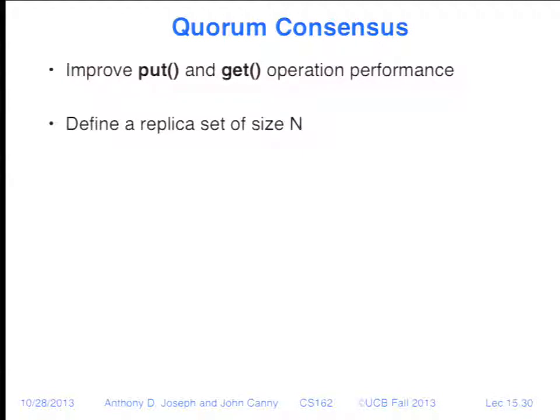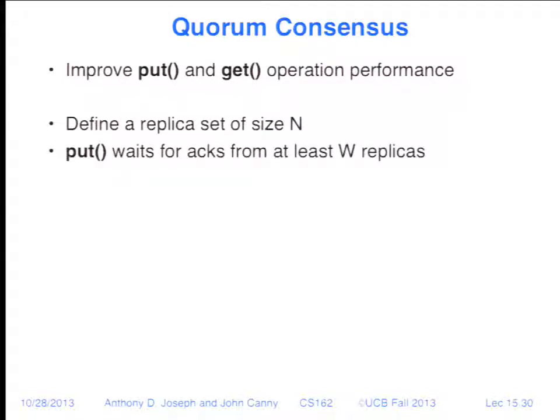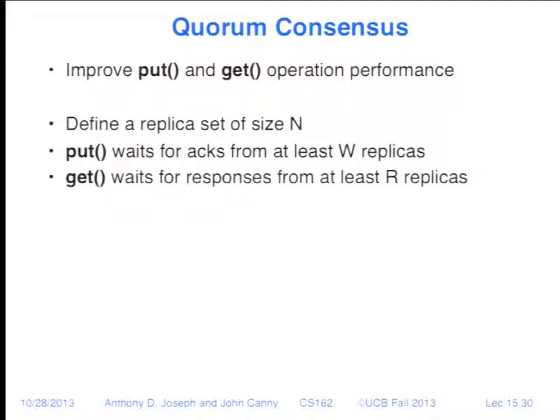So assuming we have a replica set of size N, the put operation is going to push the replicas to all of the N data nodes in the replica set, but it's only going to wait for acknowledgements from a subset of W. So W is generally less than N, maybe about half of N. And then get is going to wait for responses from some number R of replicas that's also maybe about half of N. And what happens if W plus R is greater than N?